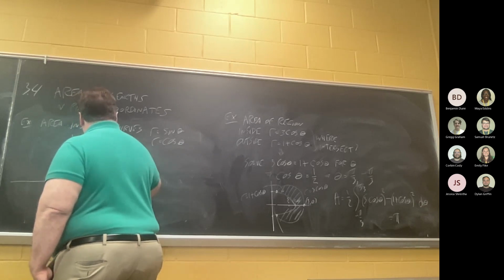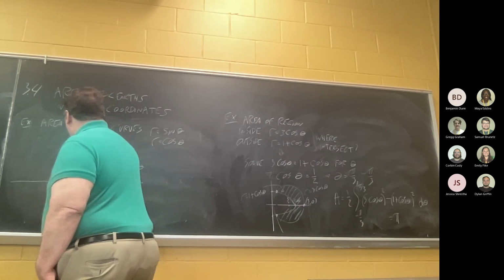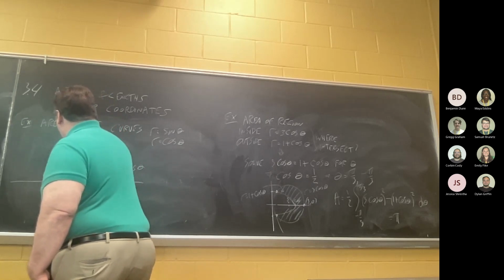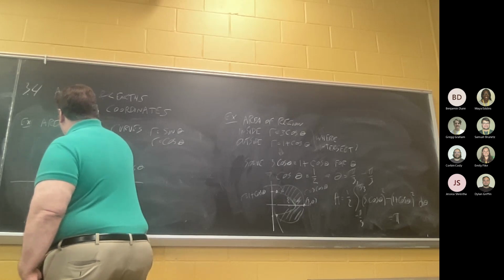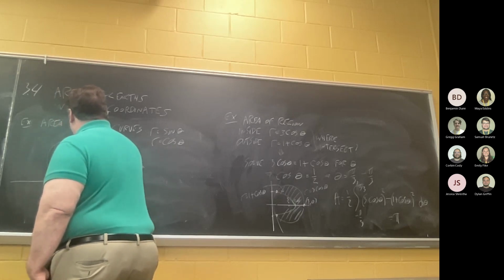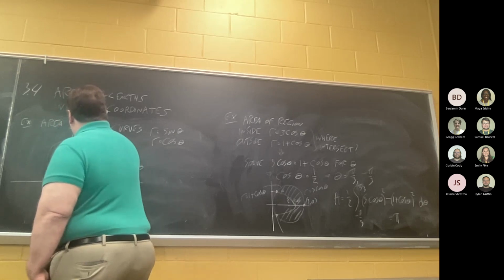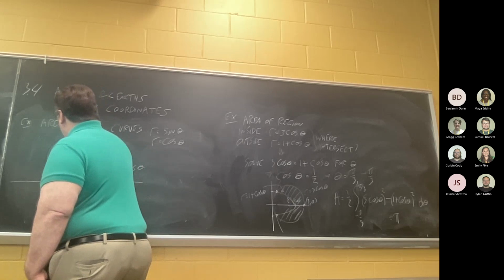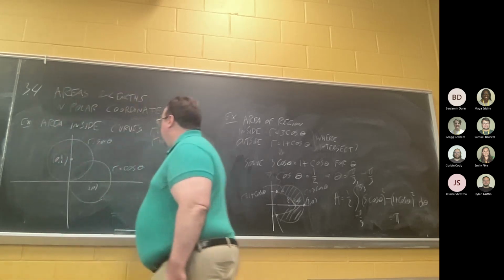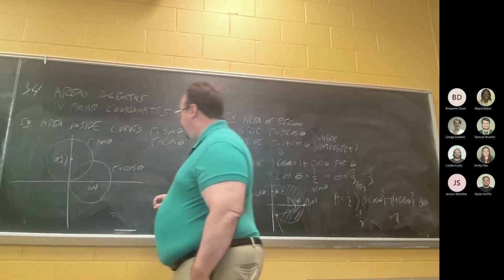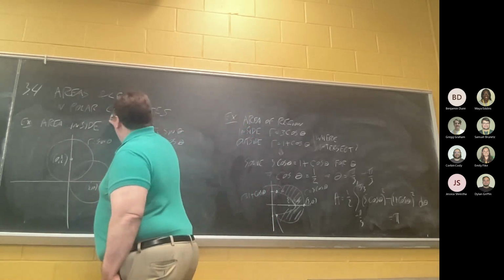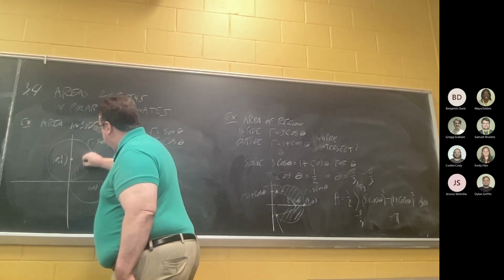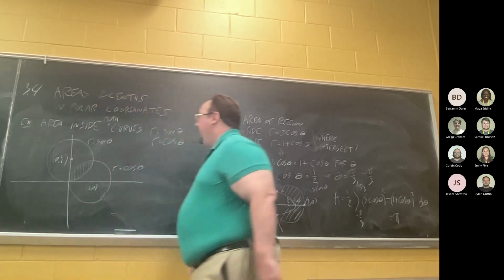And r equals sine theta is a circle of the same radius, but it sits on top of the x-axis. So the area that's inside both curves is this region in between.